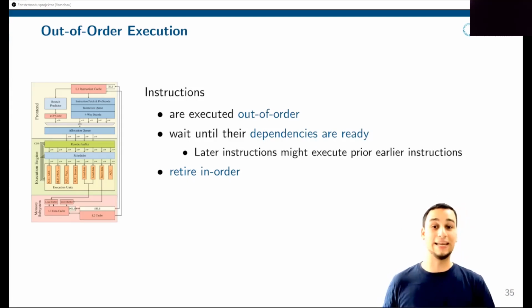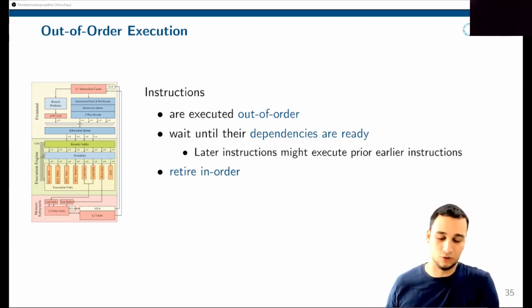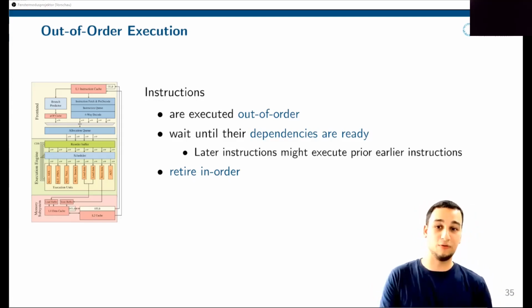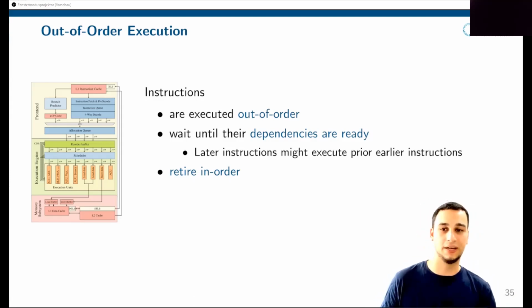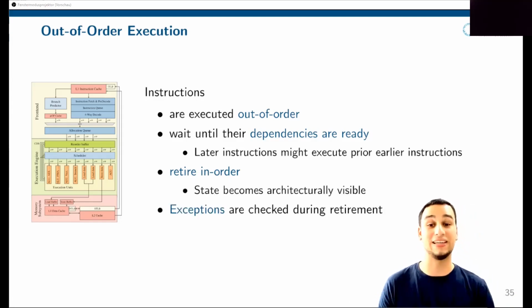For us, it again looks as if they were executed in order, because instructions can only retire, and so become visible, if all instructions before them have been retired as well. Then it appears to us again as if everything is executed in order, and that is what we architecturally see.